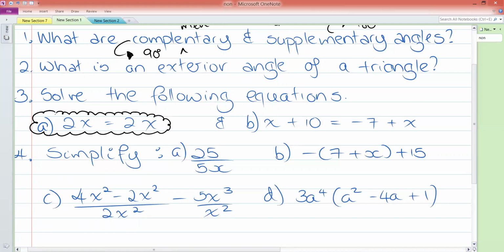Can we put any value of x there? It would work. So if we were to take 1 and substitute it in here, it would be 2 times 1, and you'd substitute exactly the same thing on the other side. So 2 times 1 would equal 2 times 1, which is equal to 2. So both sides would be equal.